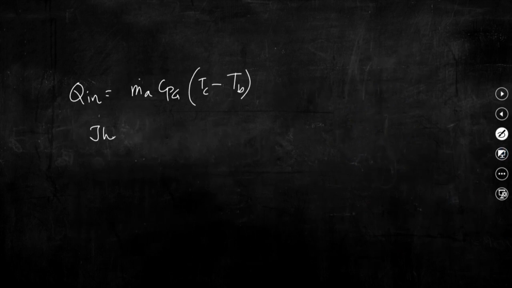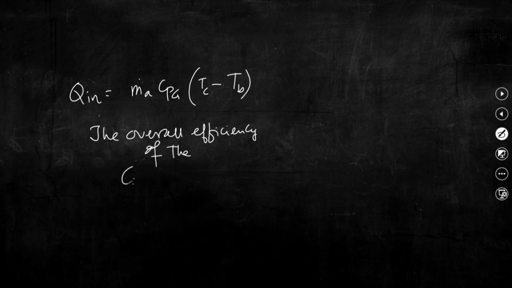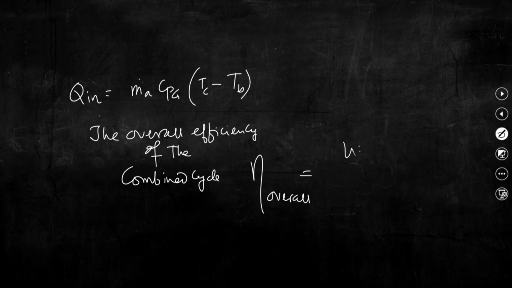So, the overall efficiency of the combined cycle, eta overall, is equal to the net work produced, that is W steam turbine plus W gas turbine, divided by Q in, right.